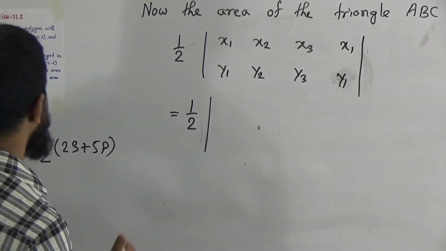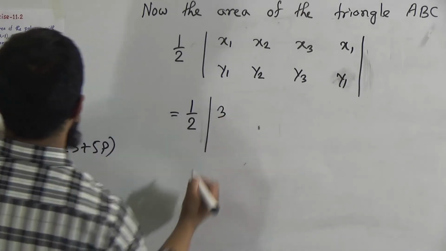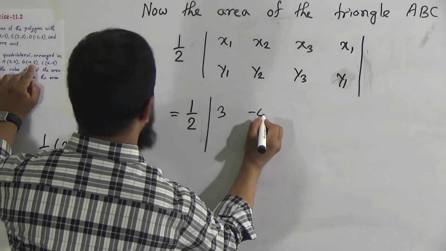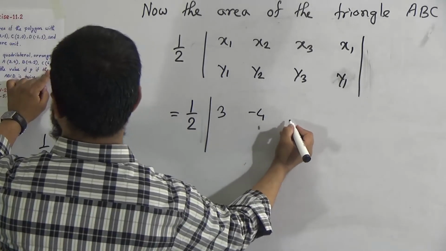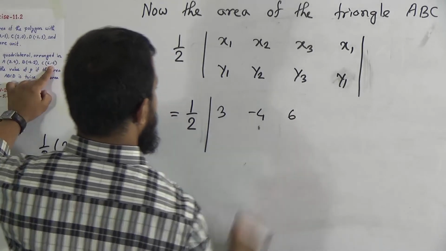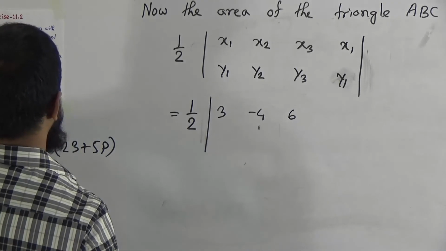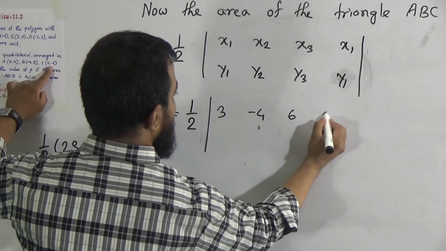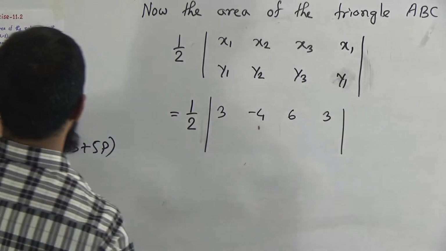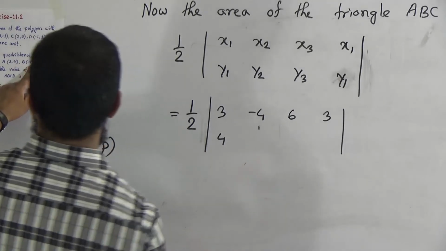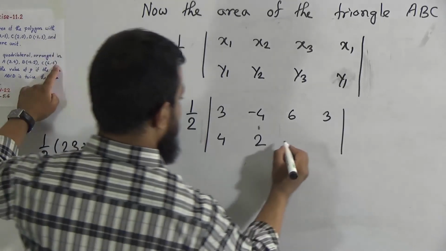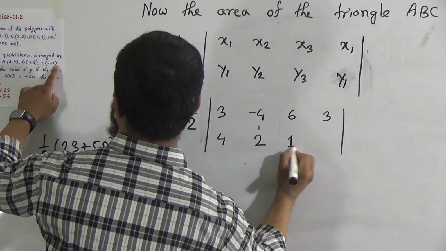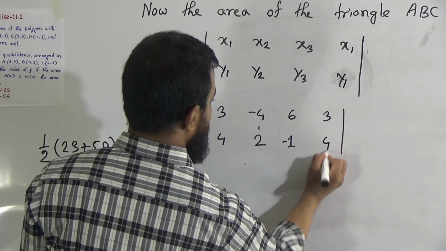The students, x1's value is 3, x2's value is minus 4, and x3's value is 6. And here we will get x1's value is 3 again. Now y1's value is 4, y2's value is 2, and y3's value is minus 1, and y1's value is 4.